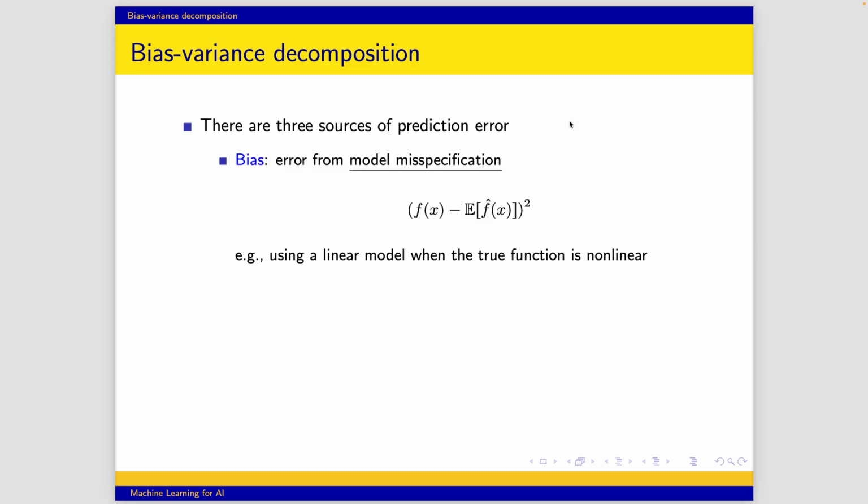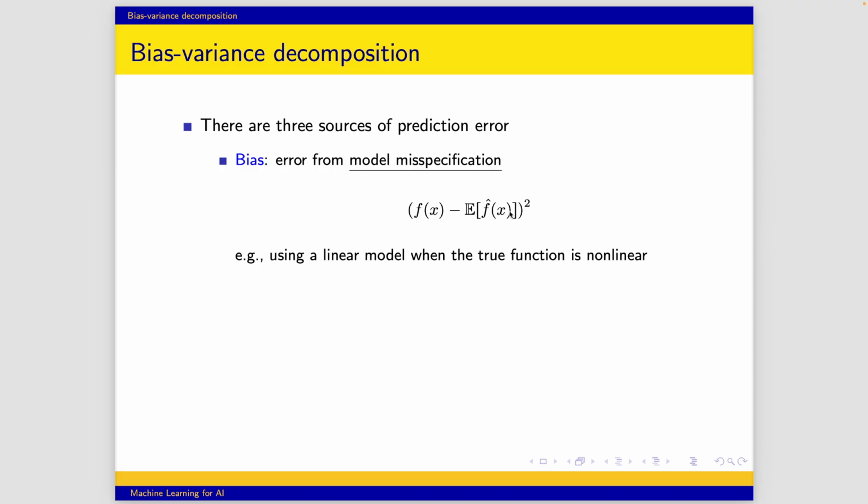Measured as the square of the difference between our true output, our measured or observable y, and our prediction f hat of x. And it has three components. The bias. And what does this come from? It comes from what we can generally call model misspecification. So an incorrectly specified f hat.